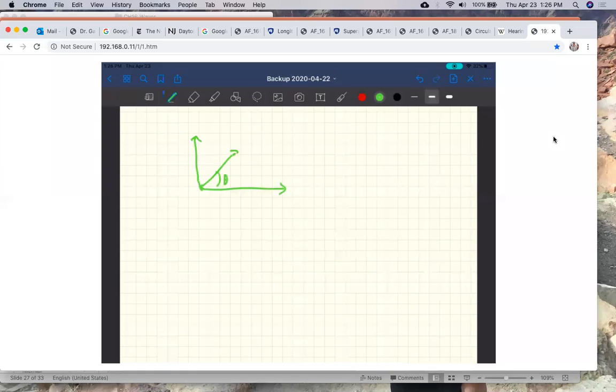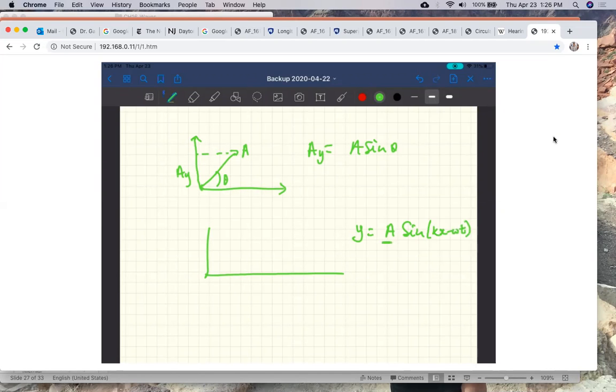Here's theta, here's the vector, and the y component of the vector was given by A_y equals A sine theta. For the wave, it's A sine of kx minus omega t. So there's the amplitude of the wave, and the y position of the string is given by the y component of this vector.